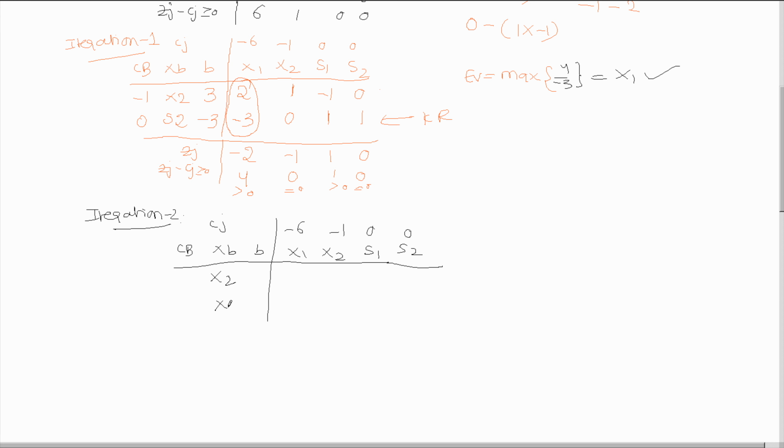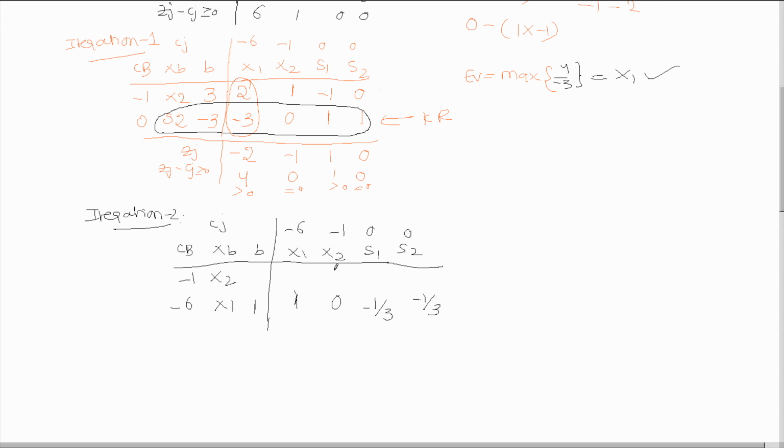Here x1 is the entering vector, cost coefficient minus 6, minus 1. So here the key row, minus 3 is the pivot element. We convert it into 1 by dividing by minus 3. 1, minus 3, minus 3, 1, 0, minus 1 by 3, minus 1 by 3.